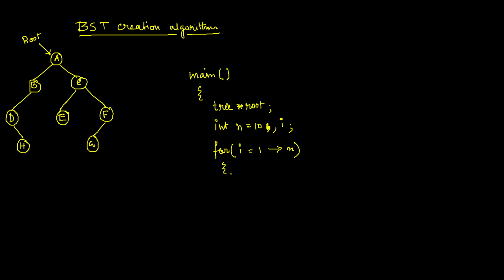Is it void or something else? If you consider it a void function, it means, you see, one very important thing in the creation algorithm. Okay, let's go to the creation algorithm a little bit, then I will come back so that we can understand what to write as a return type of the creation algorithm.